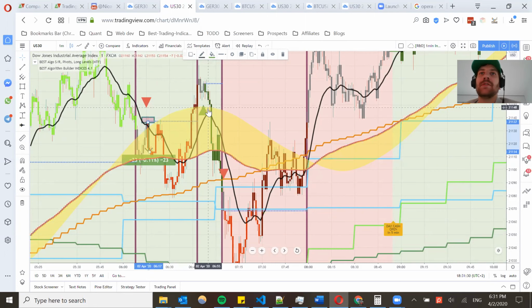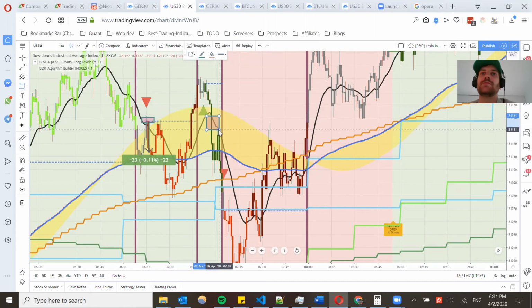And then this one is nasty. The EMA 20 is in that cloud, so I'm going to wait for a pullback past this EMA 20. So I will enter somewhere around here. Oh, this loss is painful.